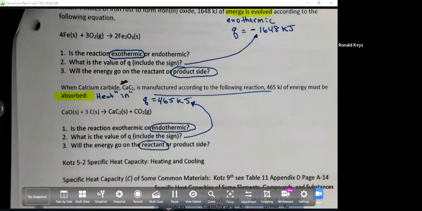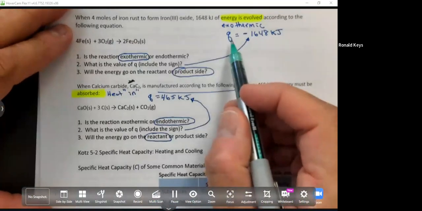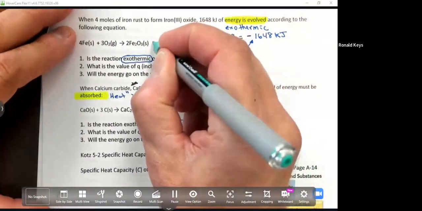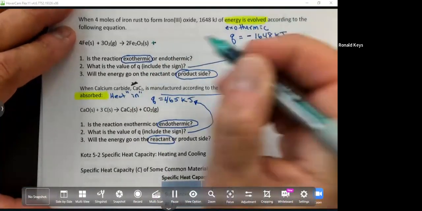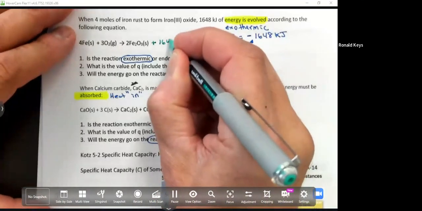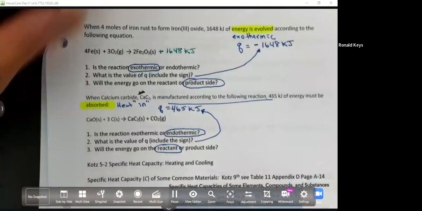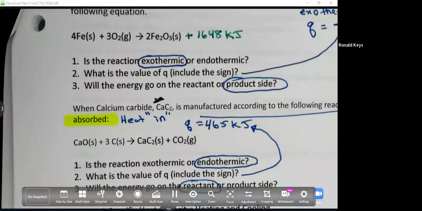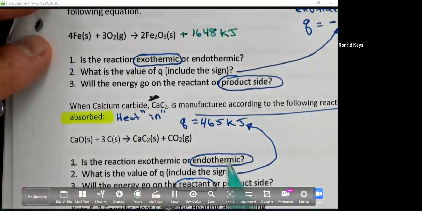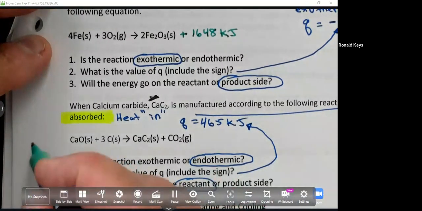And when they go in, they're always positive. So this one up above, we could put plus 1648 kilojoules here. And here we could put 465 kilojoules.